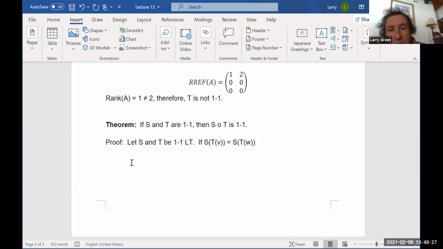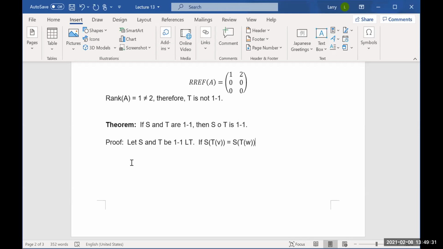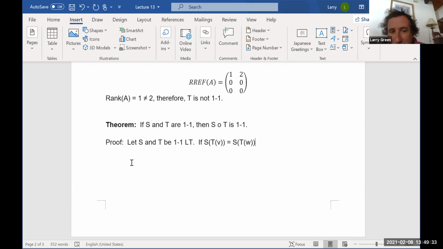Given that we're trying to show it's 1-to-1, we need to show that V and W are equal. Yeah, we need to show V equals W. Okay, that's our goal. So always keep your goal in mind. If you don't know your goal, it's really hard to get there. Do you agree?